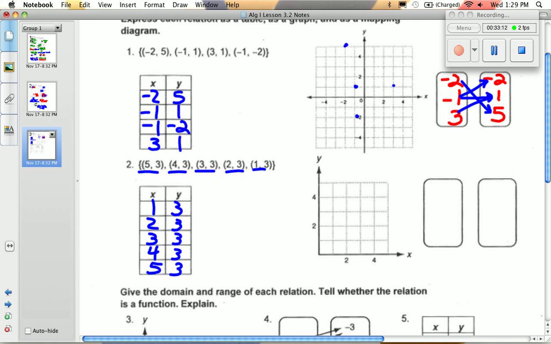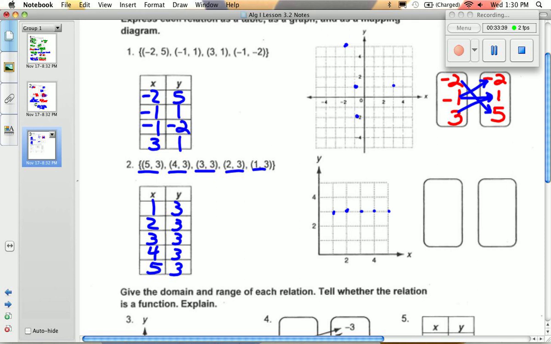Should be pretty easy. They should line up in a horizontal pattern, shouldn't they? Is that a function? What do you think? Does each x value have only one y value?